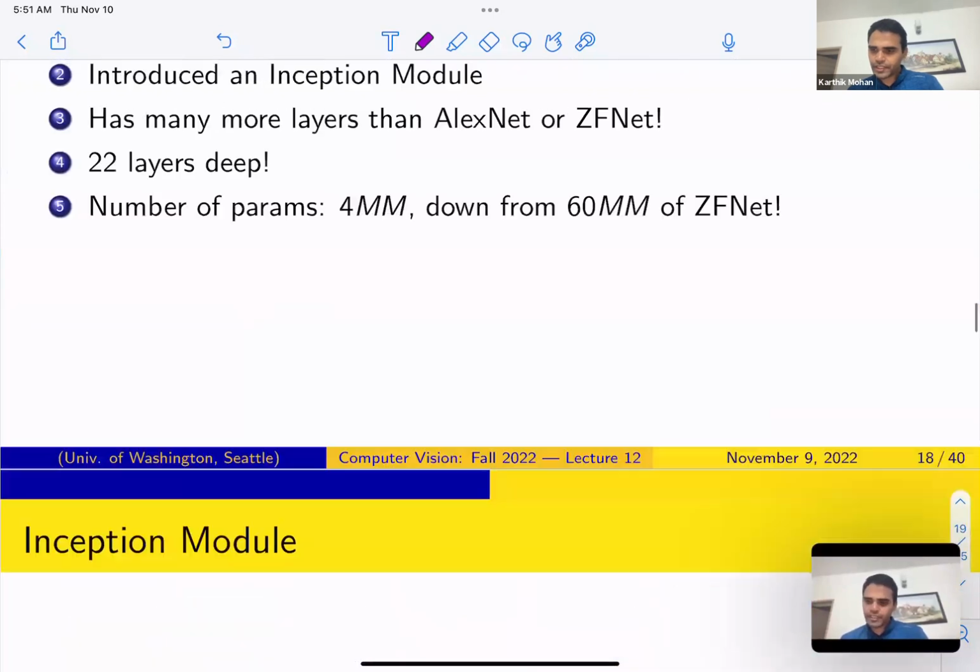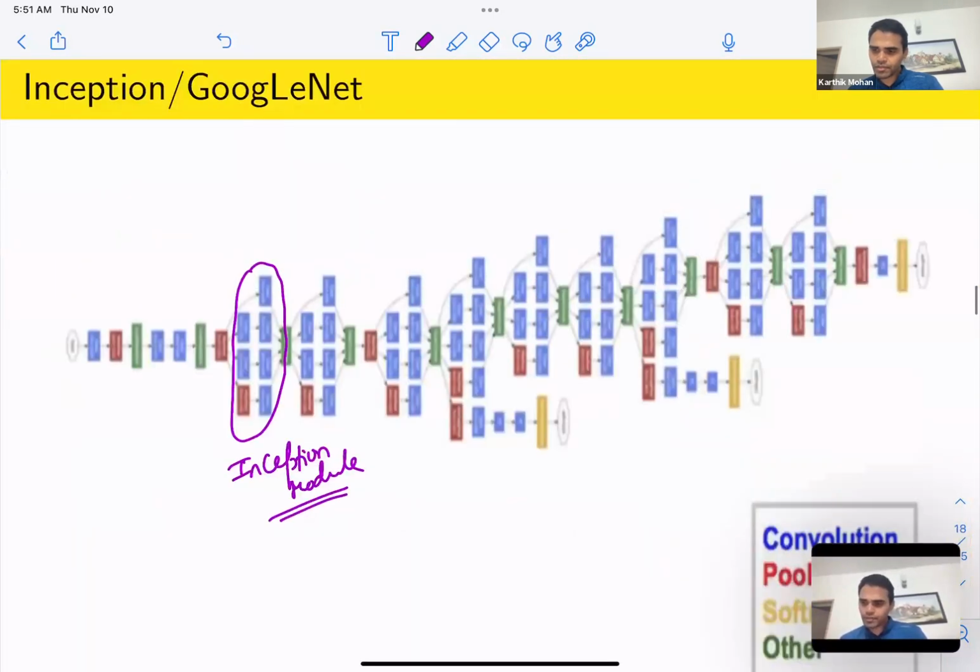And essentially, although this looks pretty complicated, it's a stacking of these Inception modules along with a few bells and whistles, right? One of the interesting parts of the Inception module is that you're able to give early output. You're predicting early, but you can also predict at the very end.